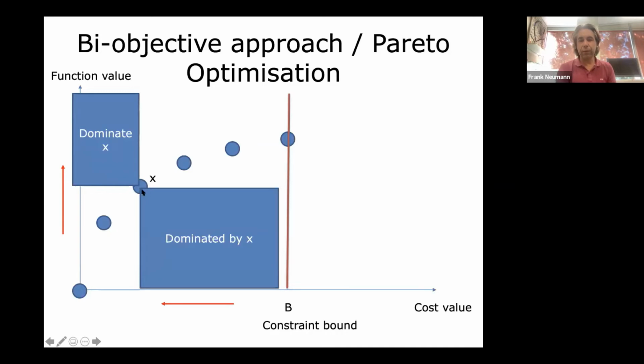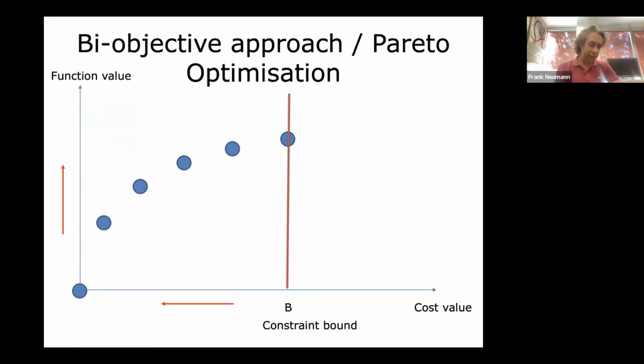And these solutions down here, these are the ones that are dominated by X. So if I have a solution X, I would reject essentially all these solutions that are dominated by X. But if I get new solutions that dominate X, then I would take such a solution and kick out X. So that's the basic idea here.